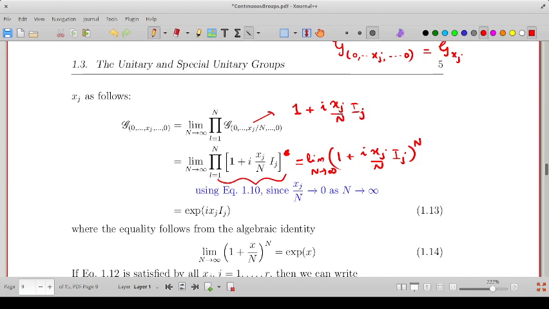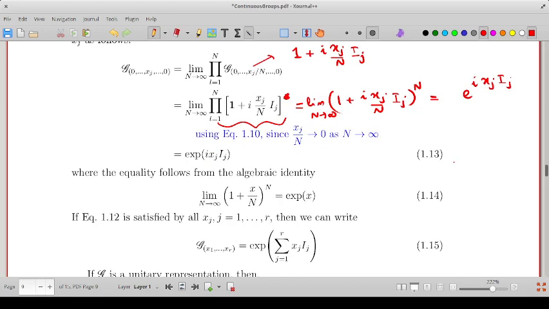But there is an algebraic identity which says that something like this is equivalent to the power series for e to the power i xj ij, where this exponential is now defined in terms of the power series, which is the sum over m running from 0 to infinity of i xj ij to the power m divided by m factorial.